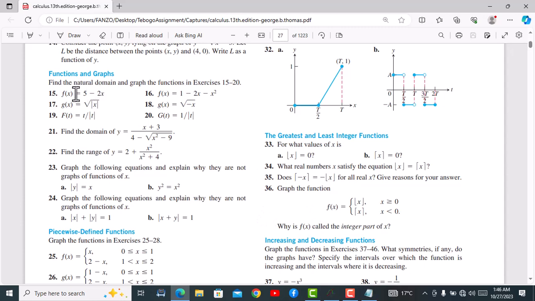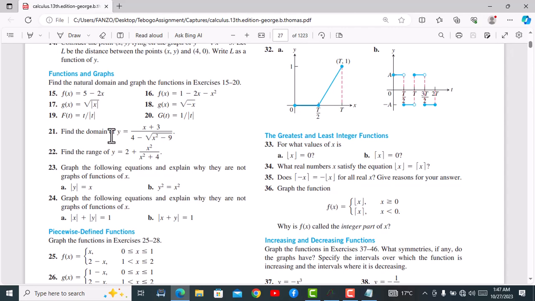When they say natural domains, it simply means we cannot accommodate negative numbers, and we cannot accommodate 0, because it's not a natural number.